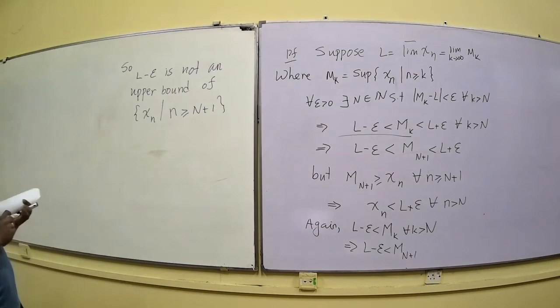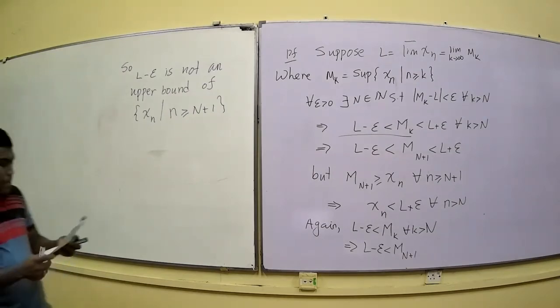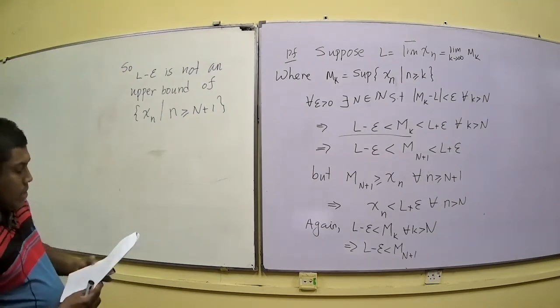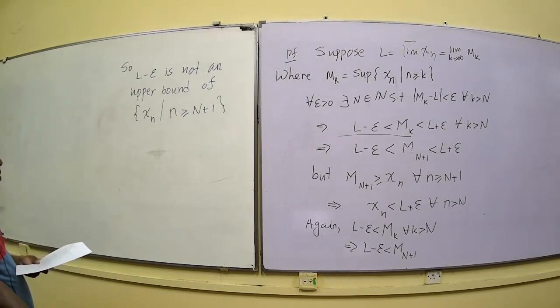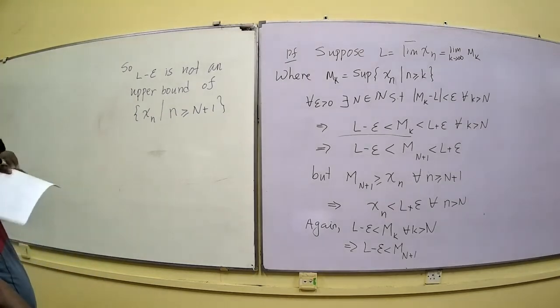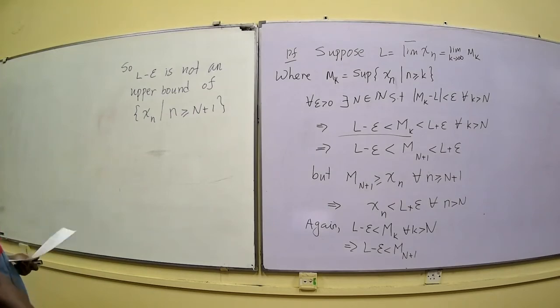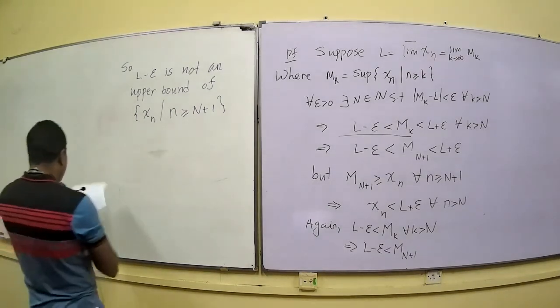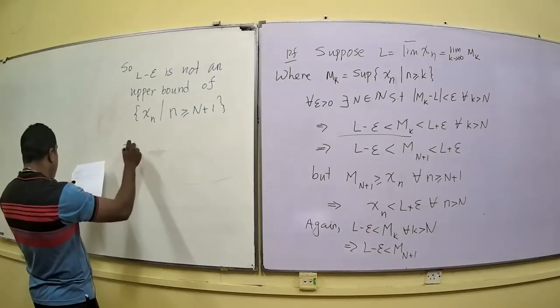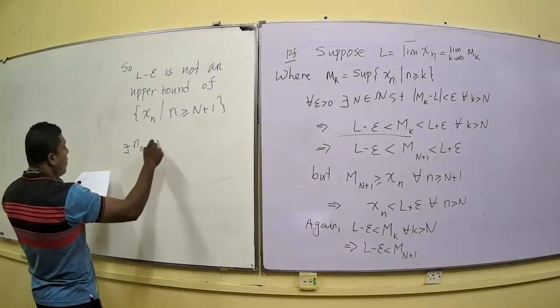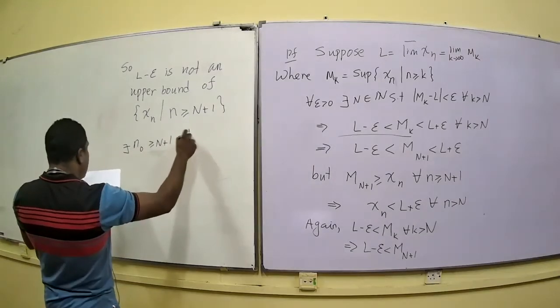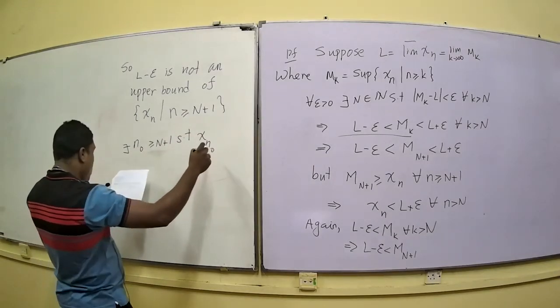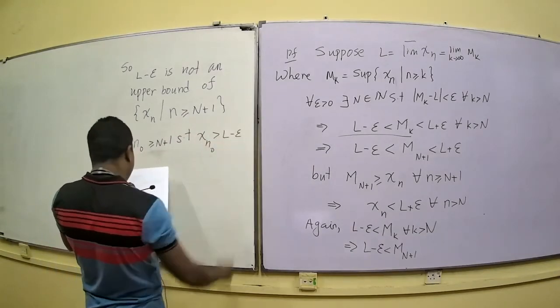Because L minus epsilon is smaller than M_{N+1}, it is clear that it is not an upper bound, because M_{N+1} is the supremum. Supremum is the least upper bound, so anything smaller than that cannot be an upper bound. So if that is not an upper bound, then there exists n naught, obviously bigger or equal to N plus 1, such that x_{n0} is bigger than L minus epsilon.